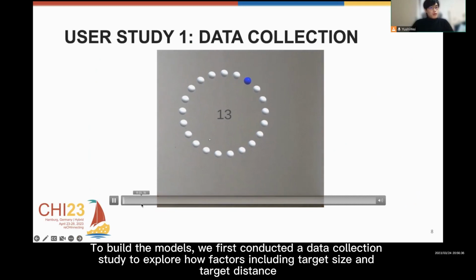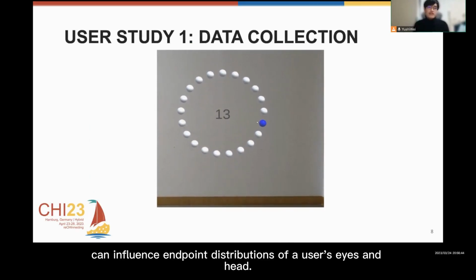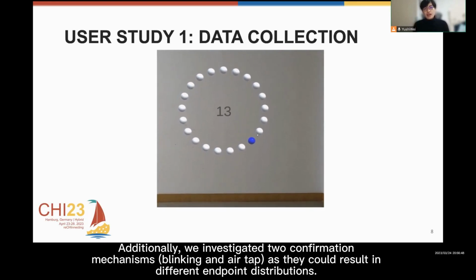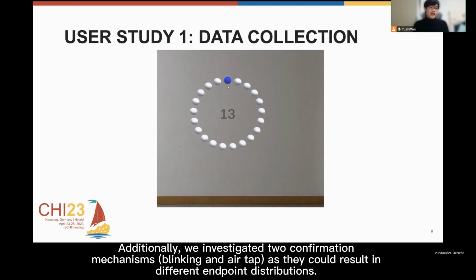To build the models, we first conducted a data collection study to explore how factors including target size and target distance can influence endpoint distributions of users' eyes and head. Additionally, we investigated the two confirmation mechanisms, blinking and L-tap, as they could result in different endpoint distributions.